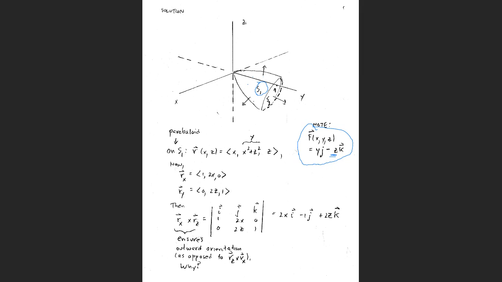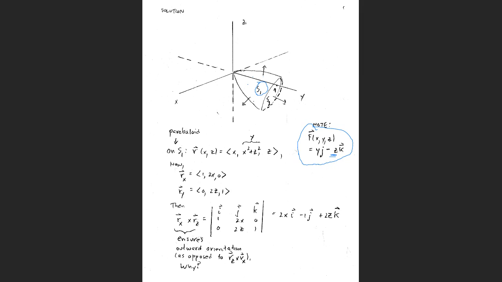So what I'm trying to say is that the vector field flows inward to surface S1, into that paraboloid.